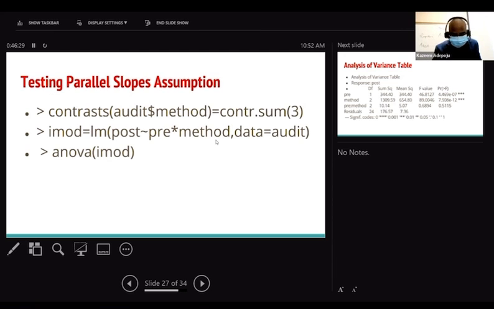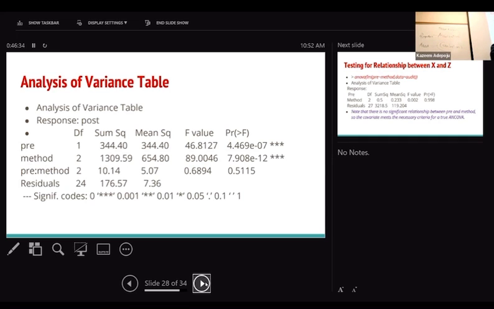Let us now see. Oh, look at that, pre-method is not significant. The assumption holds. What I've just demonstrated is that the interaction between pre and method should not be significant. Now the assumption holds.